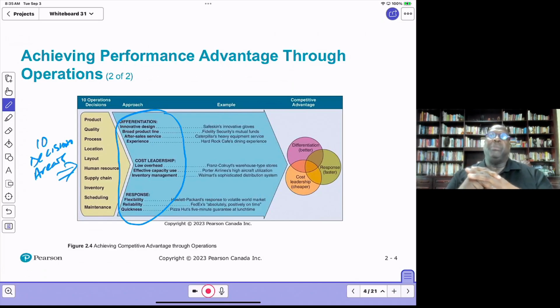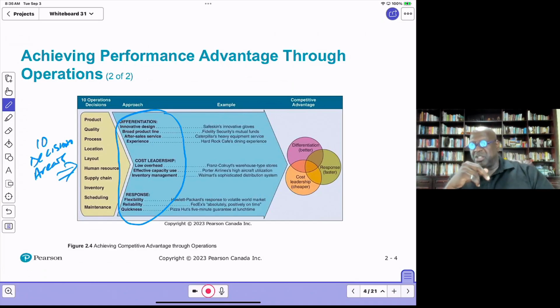So sometimes what you would find is that companies will produce low-cost brands, but then they rebrand them under a different name, like store brands and so on, where they try to offer a slightly different price from the well-known brands. So that could be a part of the strategy around cost leadership.